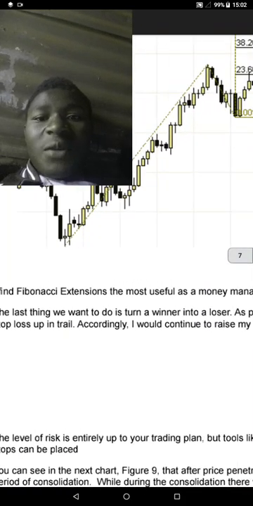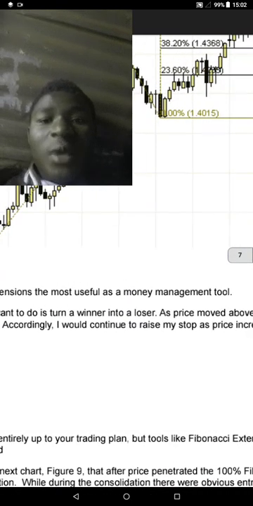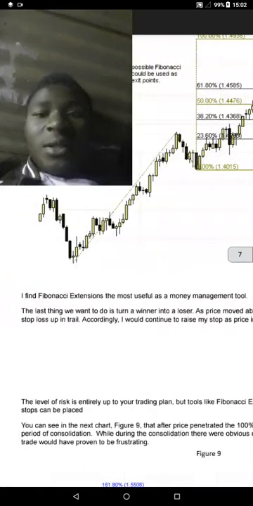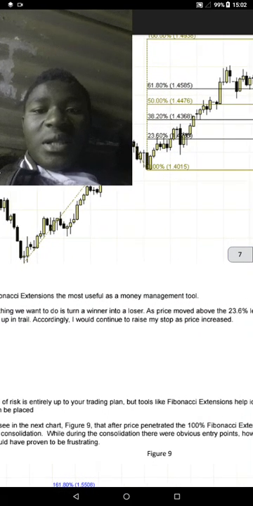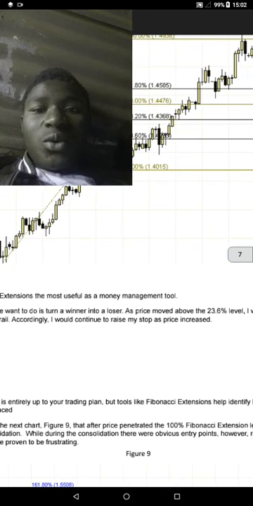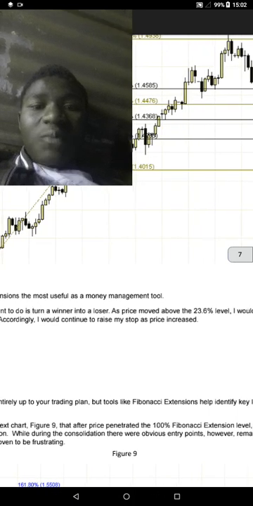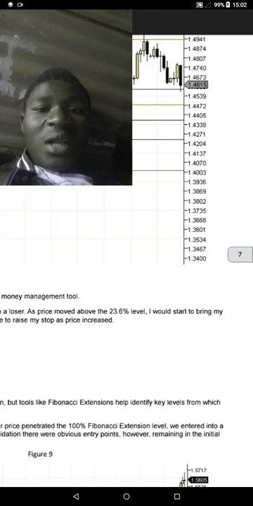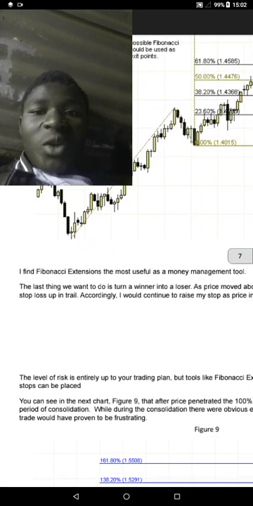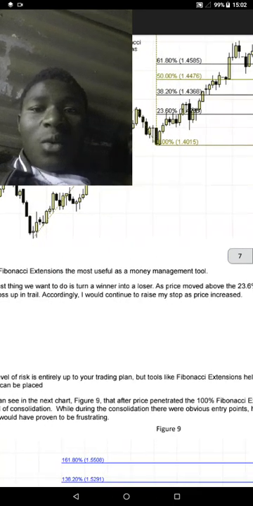I find the Fibonacci extension most useful as a money management tool. The last thing we want to do is turn a winner into a loser. As price moves above the 23.6% level, I will start to bring my stop loss up in a trail.